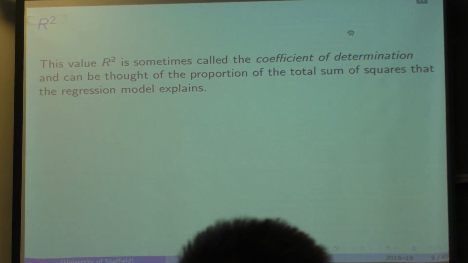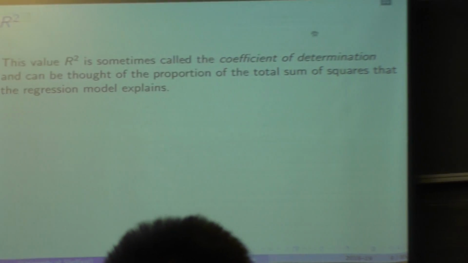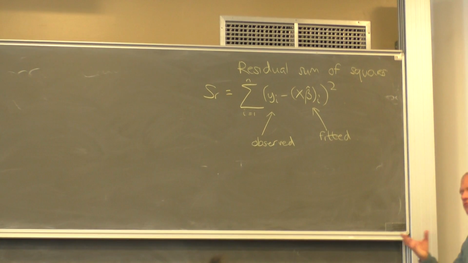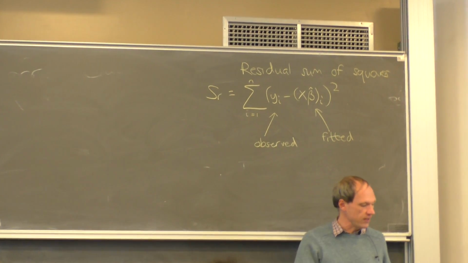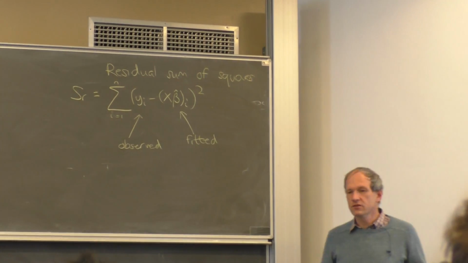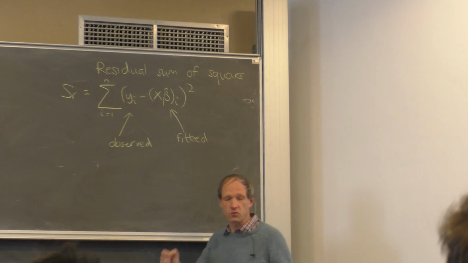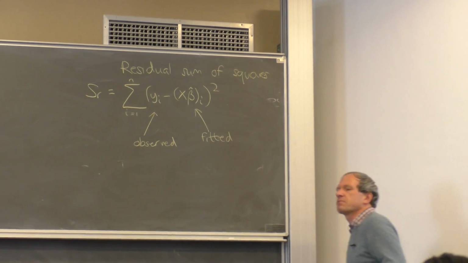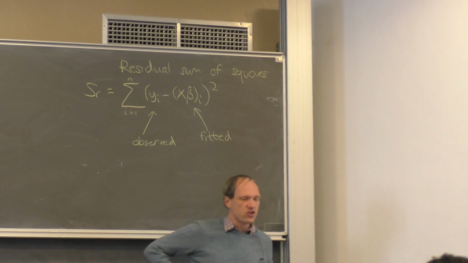You have the bit which comes from the model, which is not included in the residual sum of squares, and that's the bit which is explained by the model, and then you have the random term left over, which is described by the residual sum of squares. So you start with SYY, you subtract the residual sum of squares to get the bit that is explained by the model, and you normalise by dividing by SYY to get it as a proportion.